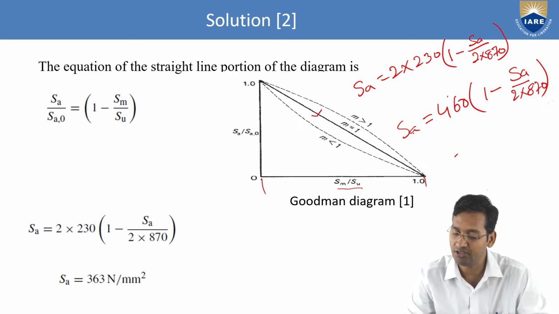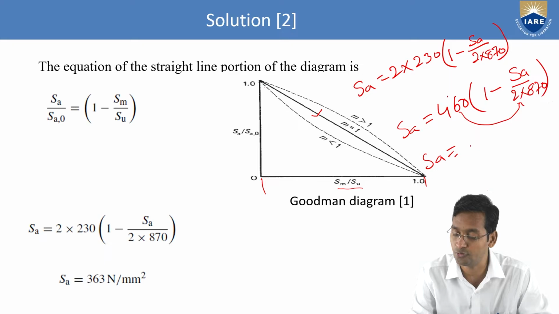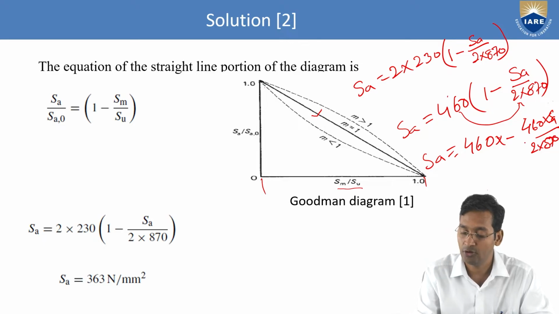Now just see, first multiply this one, so I'm expanding it. First this to this, and then we multiply this to this, then it will be easier. So 460 into 1 minus 460 into Sa by 2 into 870. Once you find this, take this to this side, Sa on one side.